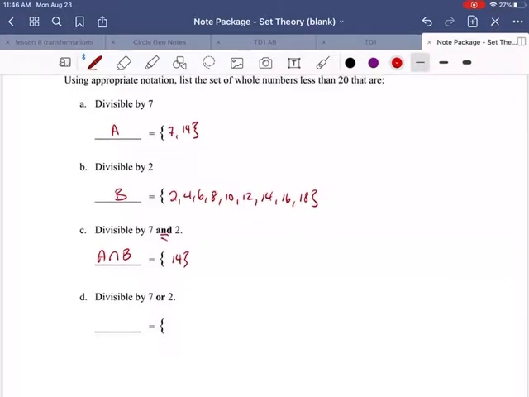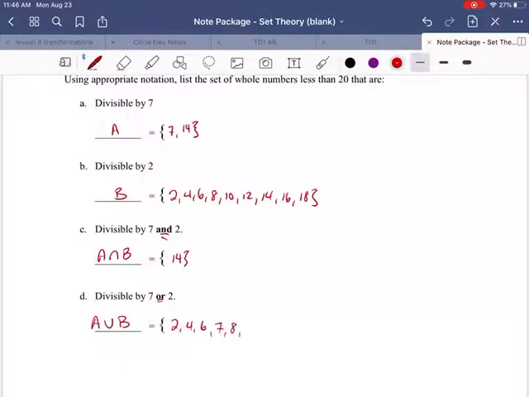Now 7 or 2: you're going to get A union B. So for 7 or 2, you've got 2, 4, 6, 7, 8, 10, 12, 14, 16, and 18.